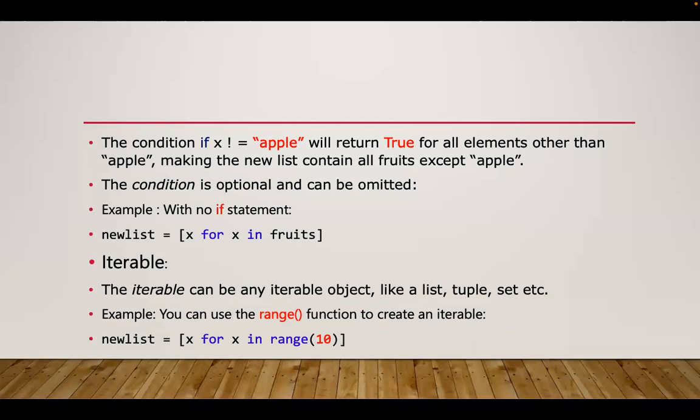We're going to talk about all of this later on. You can use a range function to create an iterable. You can say new list equals x for x in range of 10. When you say this, it's going to create a list within the range of 10.